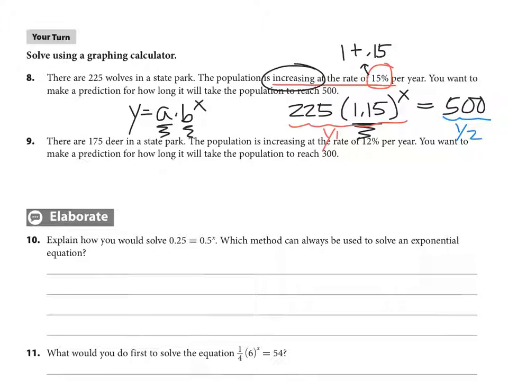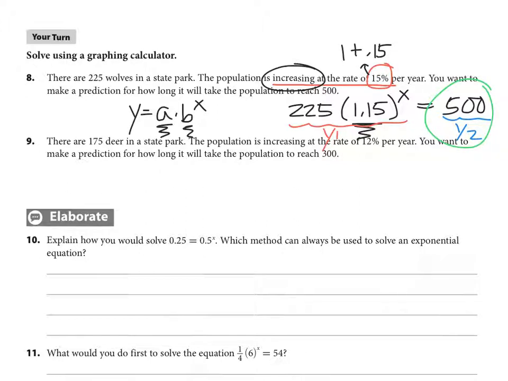Okay, then I'm going to set my window. Now, I have no idea where this is going to occur, but what I do know is it's got to be a positive answer, because x here is representing years. So I'm going to make my x min be 0. Let's say x max is 20, because I don't know what the answer is, but we'll just say 20. Y min, I know I'm trying to get it equal to 500.